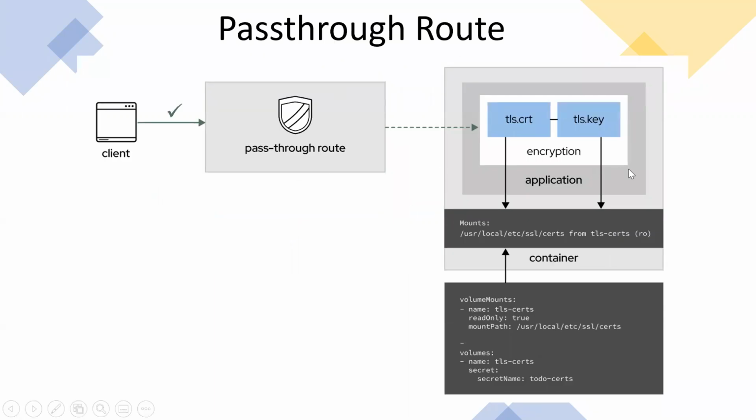Here we have to create and provide our own certificate and key, and keep them inside the application. Then it's our application's duty to terminate the TLS here itself in the container. The certificates and signing all come under the maintenance of the application itself.